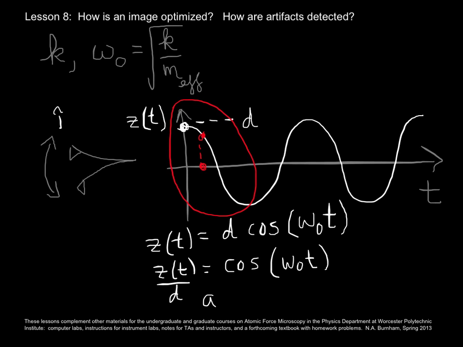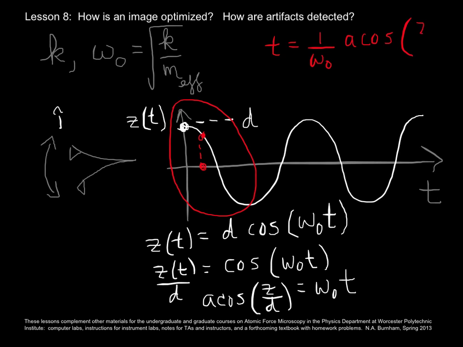Then I take the arc cosine of both sides, and I'm going to drop the t on the z just to make the equation simpler. I get omega 0 t. Then I divide both sides of the equation by omega 0, and I get t is equal to 1 over omega 0 times arc cosine of z over d.